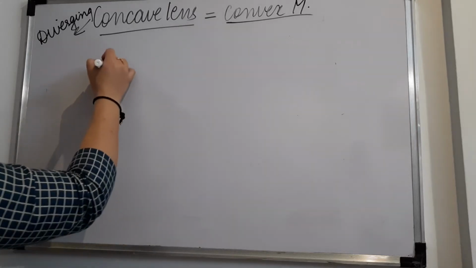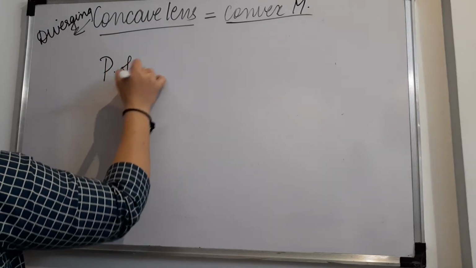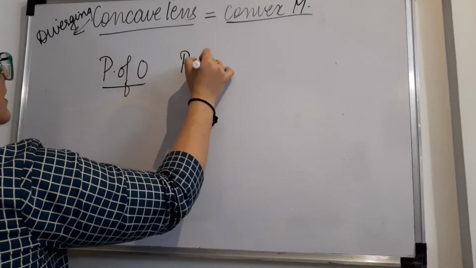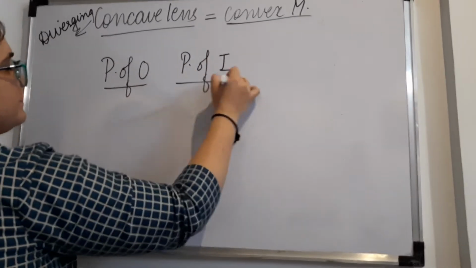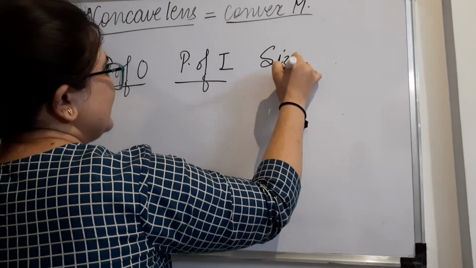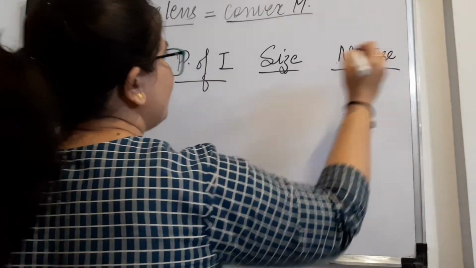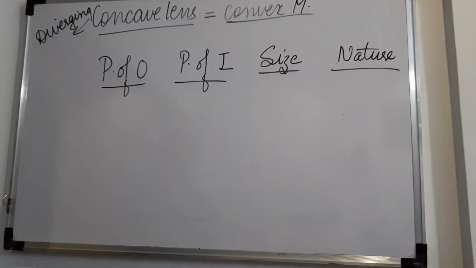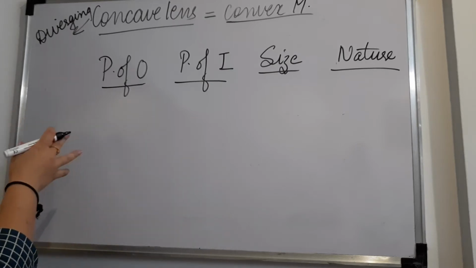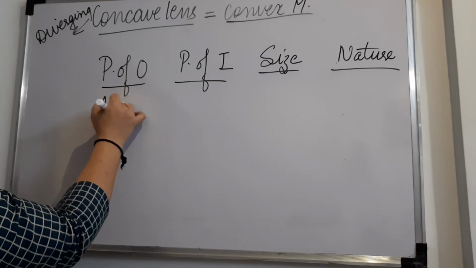Okay, so let us see the cases: position of object, position of image, size and nature. Again the four columns that we have, and because we only have two cases, we'll draw the diagram along with the discussion of the cases. In this case, first is the object is at infinity.